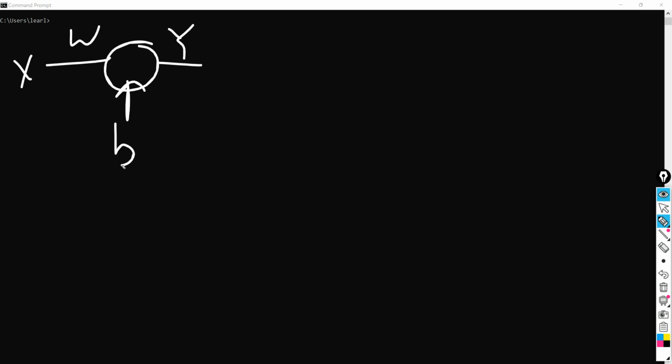Just now we talked about the neuron and also the activation function. Here is an input and here is a neuron. Then you have an output y. Here is a weight and also a bias. The sum, we can first calculate z, that is x times w plus b.